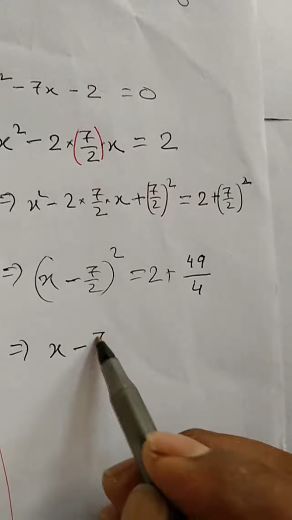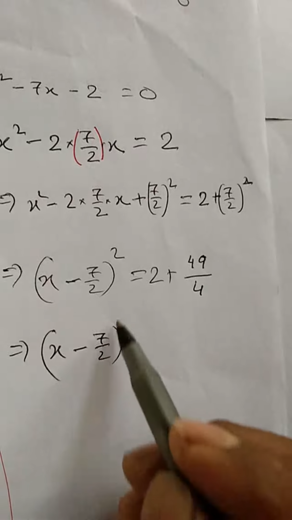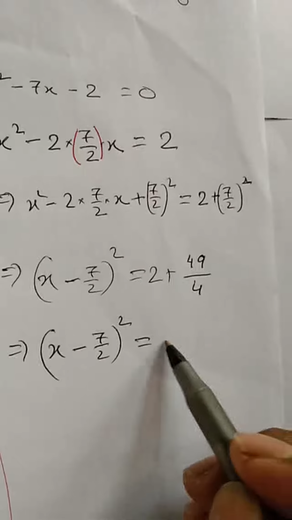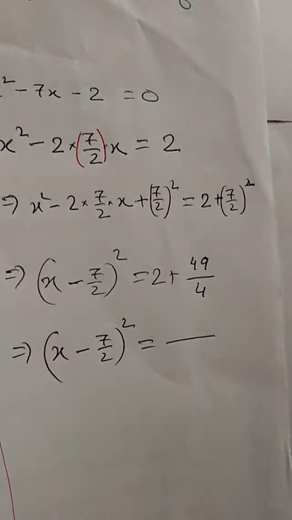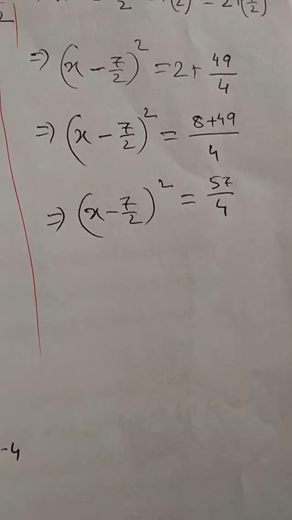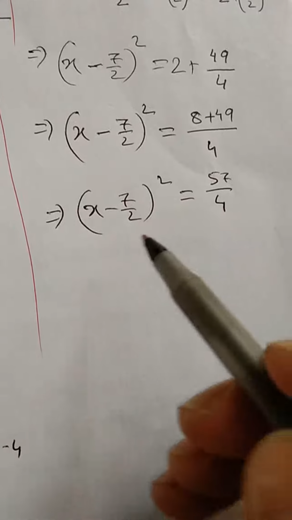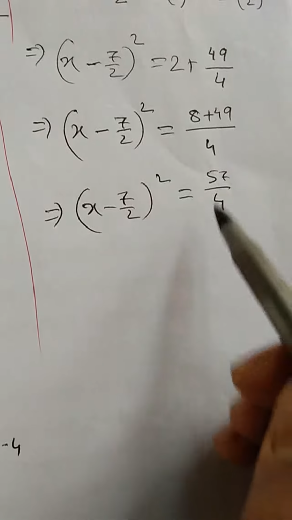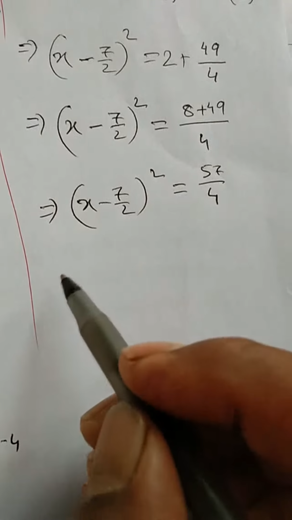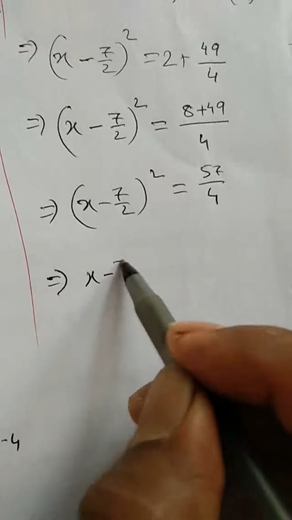Then (x minus 7/2)², same, here we'll take the LCM, then this will be 57 by 4.